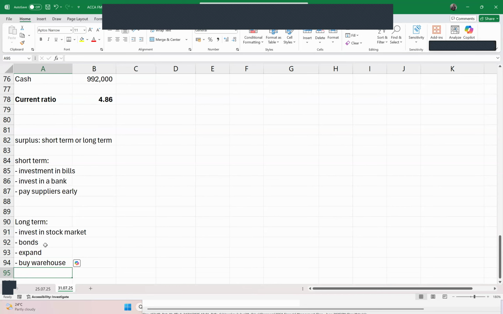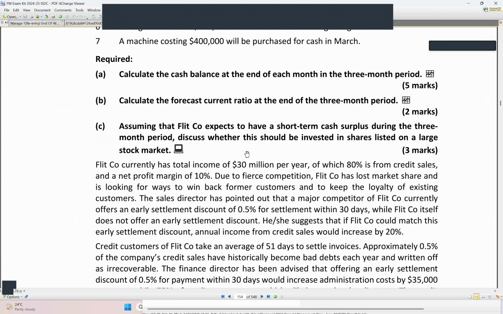And in this case, when they told us that we have a short-term cash surplus, we don't want them to invest in shares. Because when you invest in shares, normally there is a high risk that you might lose your money in the short term, at least.